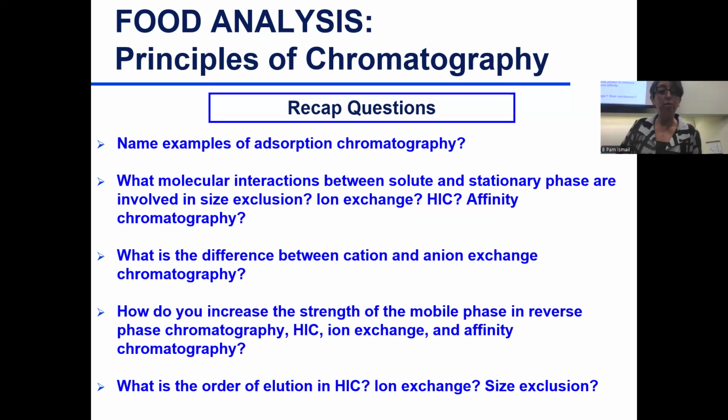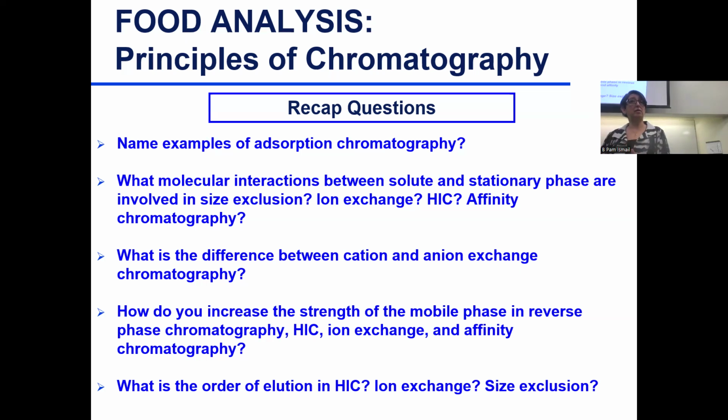All right, so size exclusion, we haven't talked about it, but what type of molecular interactions happen between the stationary phase and your solutes in ion exchange? So the answer is in the question.